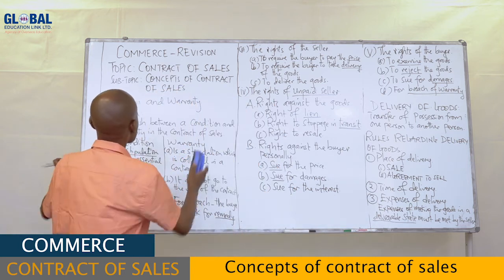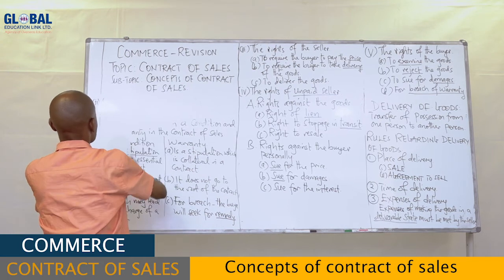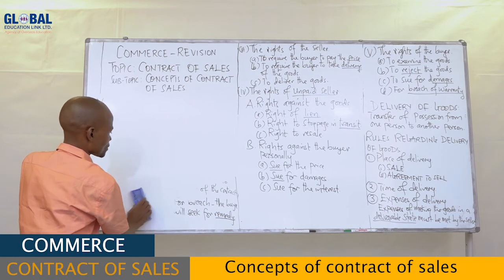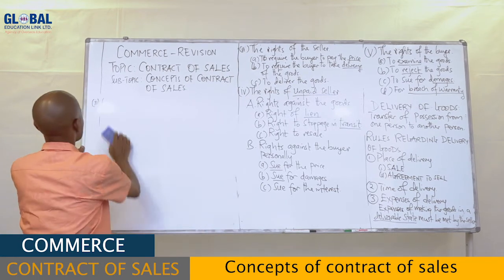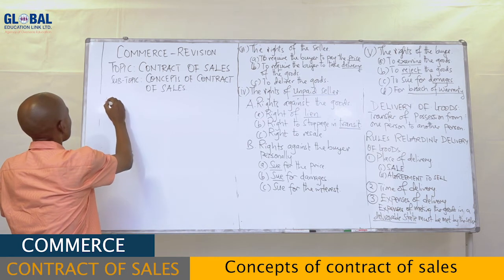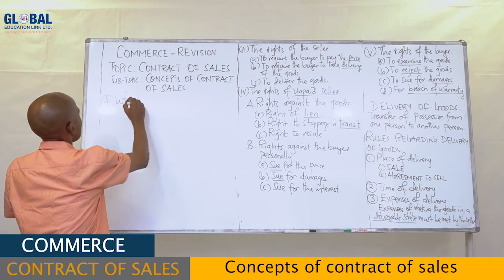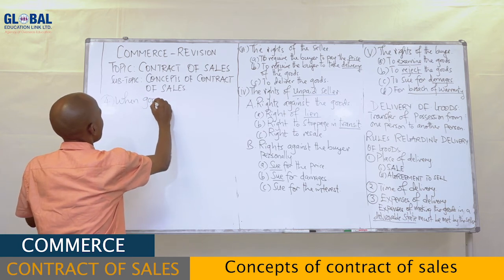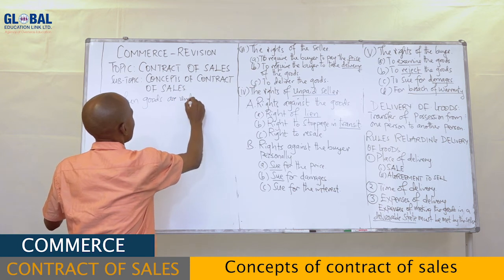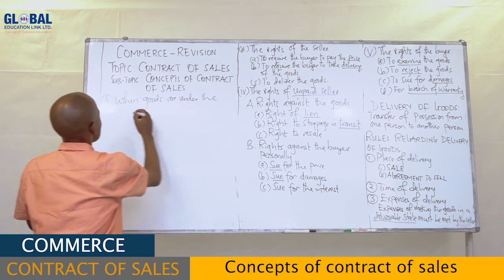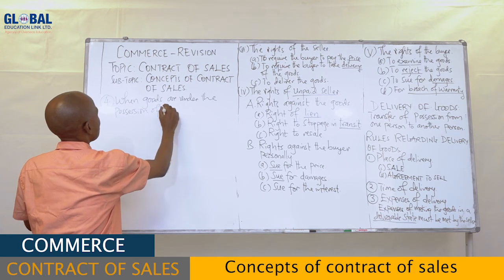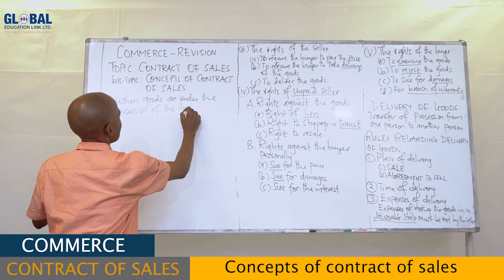And the last thing about rules regarding delivery of goods is when goods are under the possession of a third party.